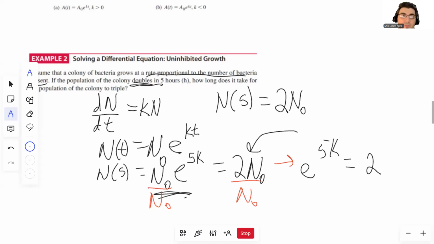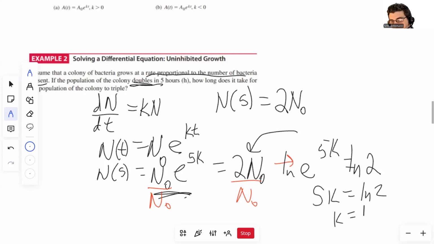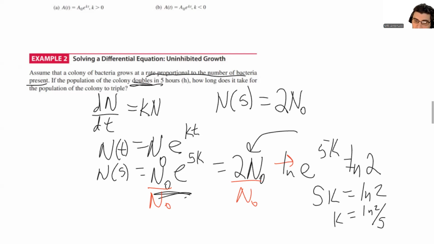Then we could solve for k. Take the natural log of both sides. Then you have 5k equals natural log 2, and k equals natural log 2 over 5. Okay? Or 1/5 natural log 2, however you want to write that.